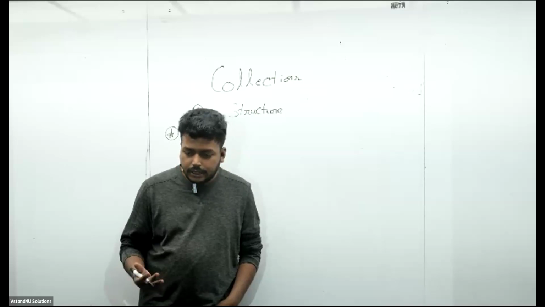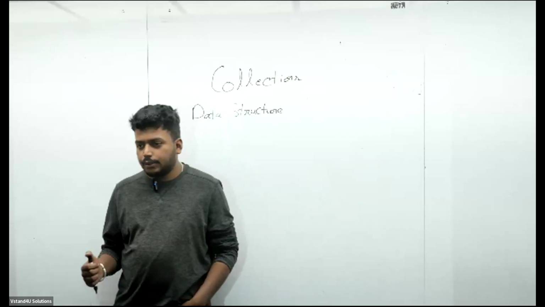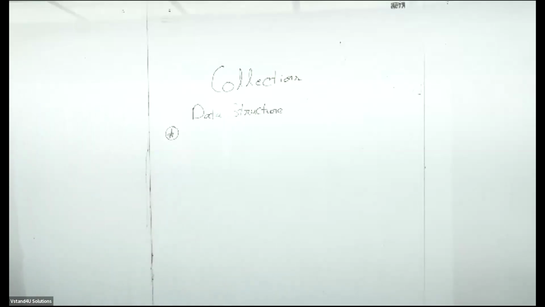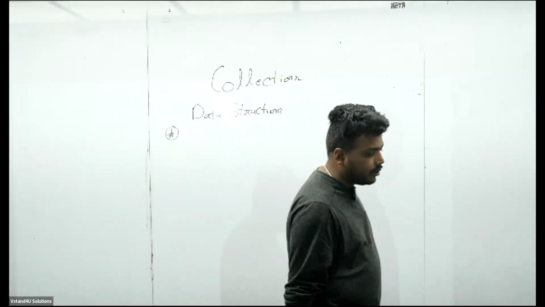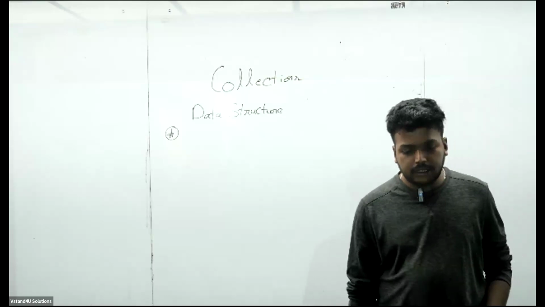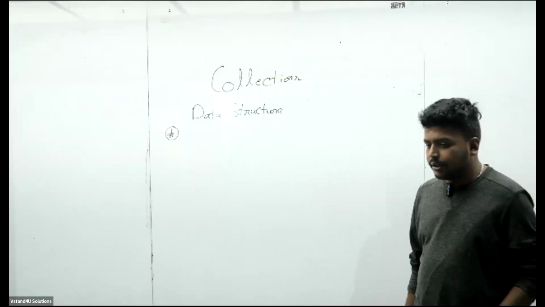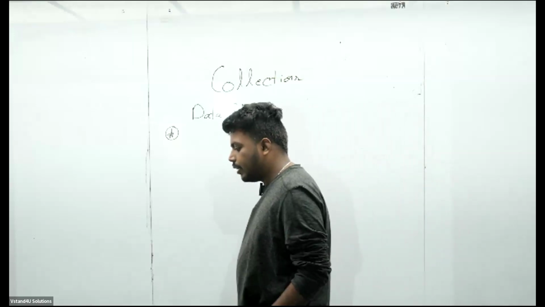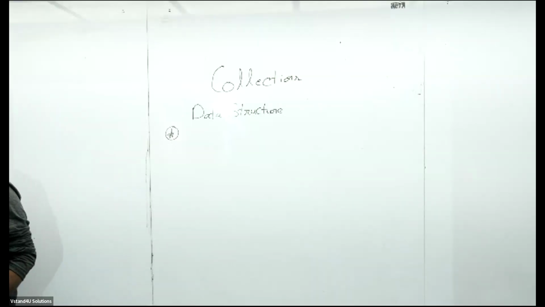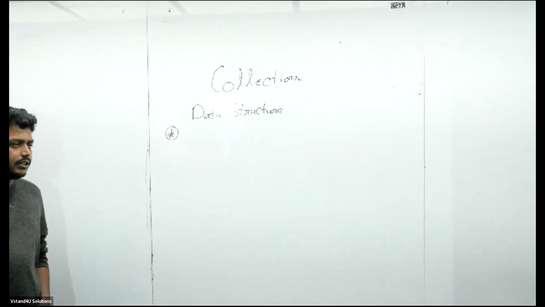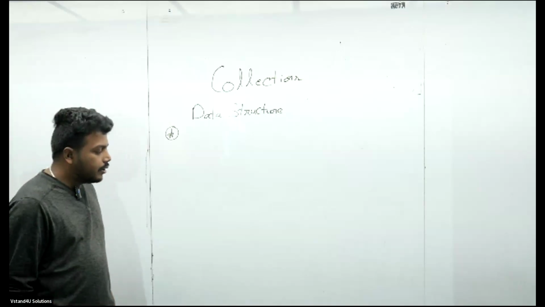Write the definition: the way of storing or arranging the data in an organized or structured manner is called data structure.